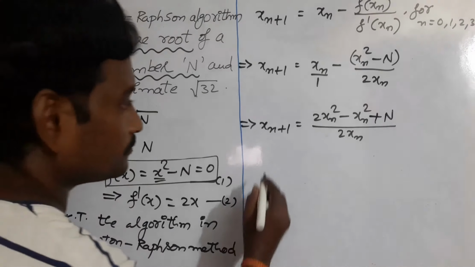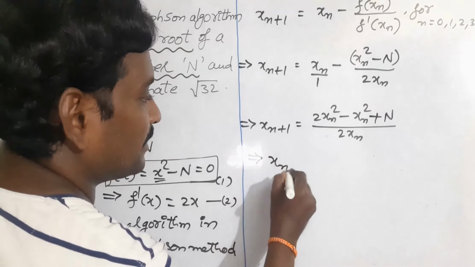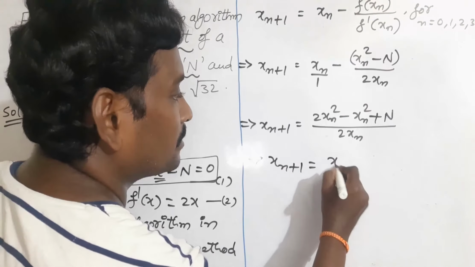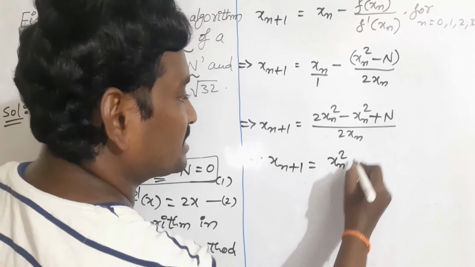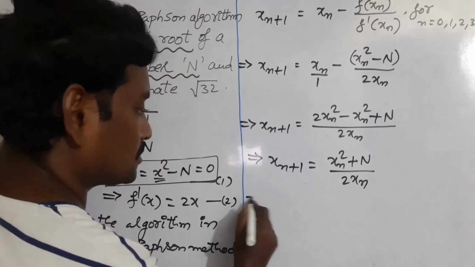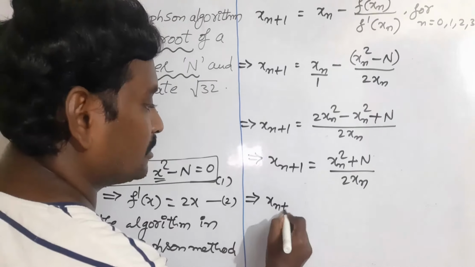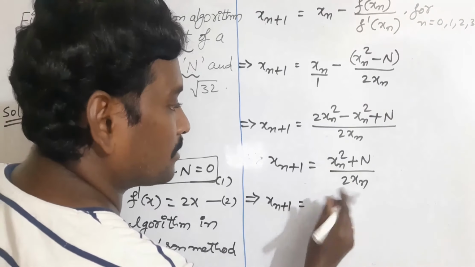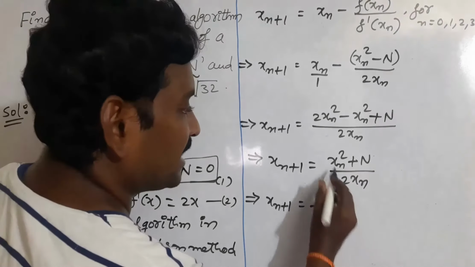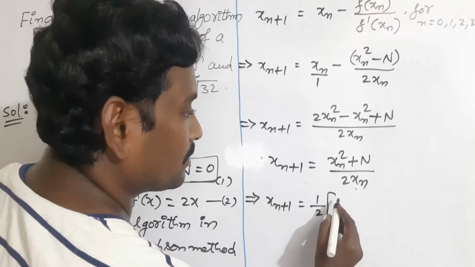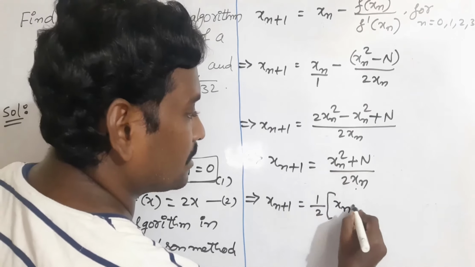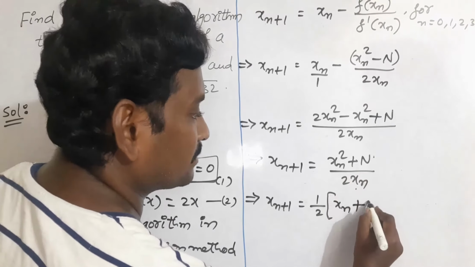So this implies x n plus 1 is equal to 2 x n square minus x n square, which is x n square plus N, over 2 x n. So x n plus 1 is equal to, split the terms. We can write this term as 1 by 2 whole into x n square by x n. One x n gets cancelled and there is another x n in the numerator, plus N by x n.